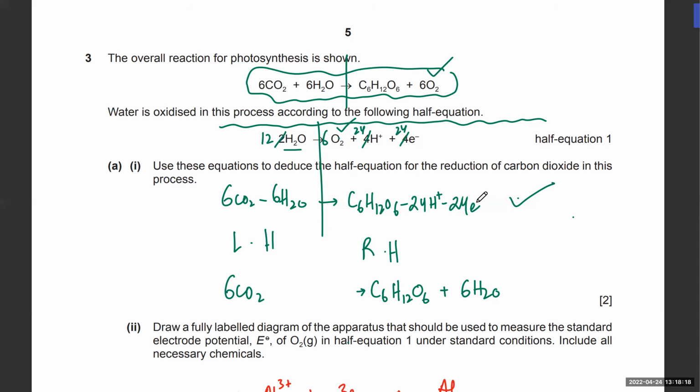And minus 24 H plus 1 minus 24 electrons needs to be taken to the other side so that it becomes plus 24 H plus 1 and plus 24 electrons. So that's my final half equation. You clear?